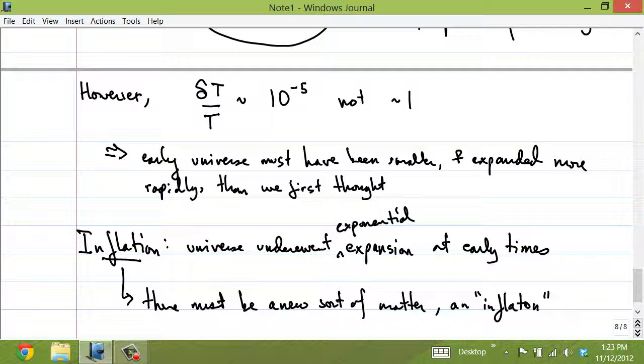So they predict not just, for example, the size, this 10 to the minus 5, but the behavior of these fluctuations as a function, for example, of their frequency, things like that. So I think the jury is still a little bit out on inflation, but the smart money is that inflation is correct. Okay. And I bet you'll see a Nobel Prize for it within the next 10 years or something like that.